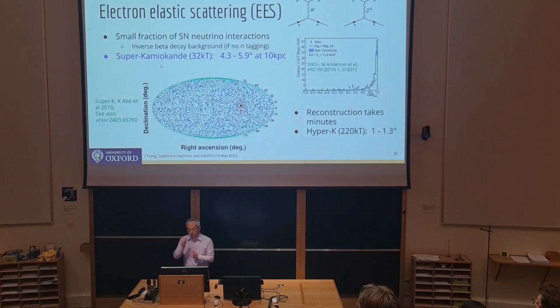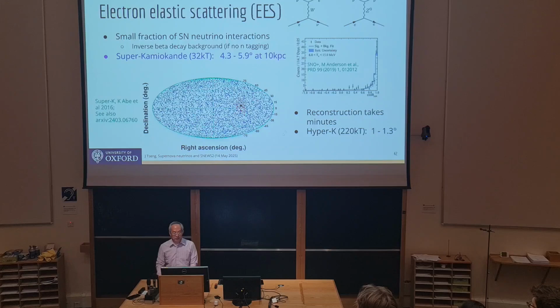This is an example of what you can do with electron elastic scattering at Super-Kamiokande. The problem here is that the interaction cross-section is just a fraction of the inverse beta decay. So the inverse beta decay, even though it's very interesting in terms of timing and all sorts of other things, is actually a background when it comes to trying to point to where the supernova happened.